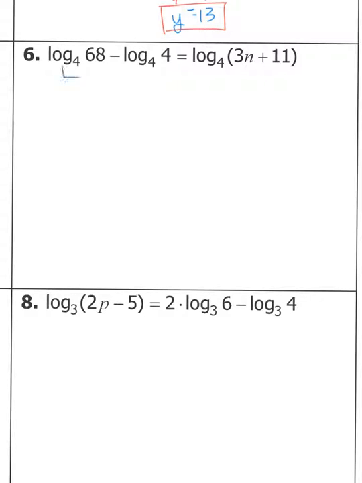So because we have 2 logs on this side, we're going to have to compress. And because we are using subtraction, we're going to have to compress by using division. So we're going to divide 68 by 4.